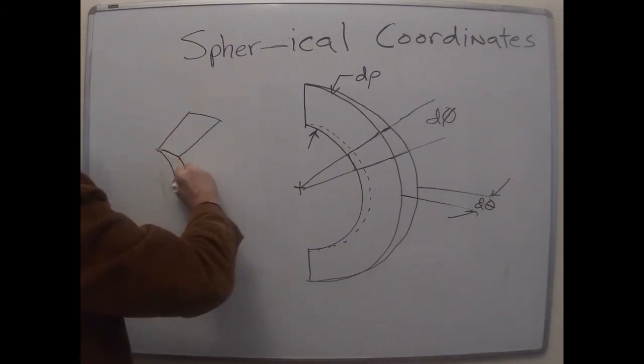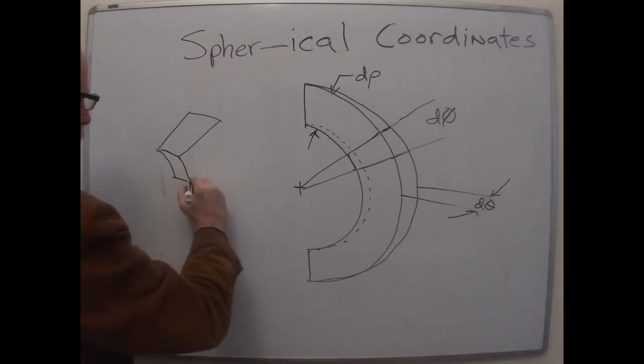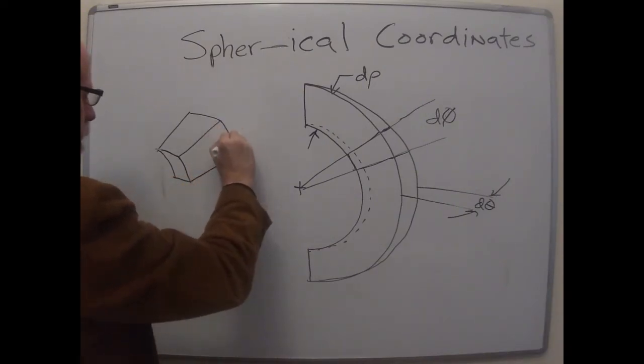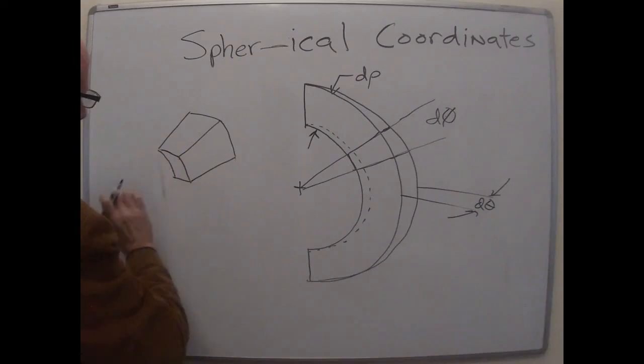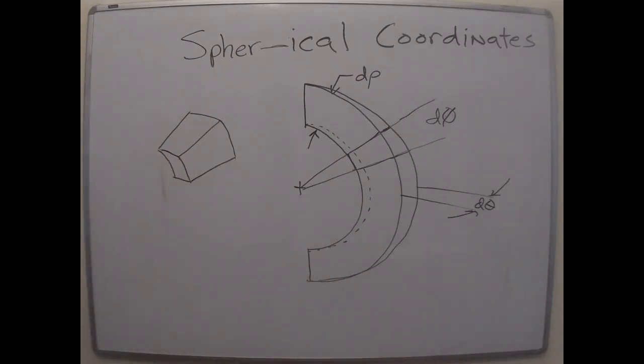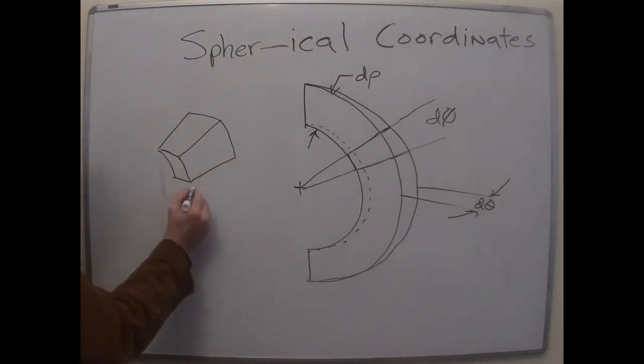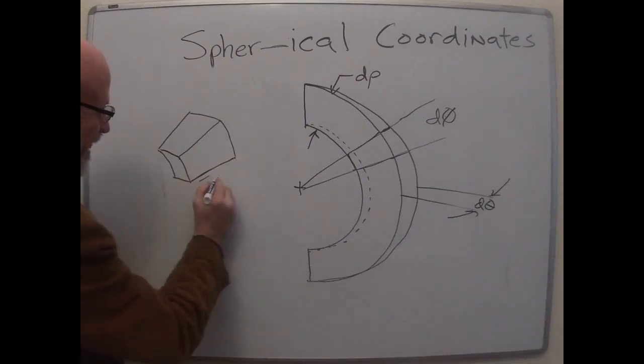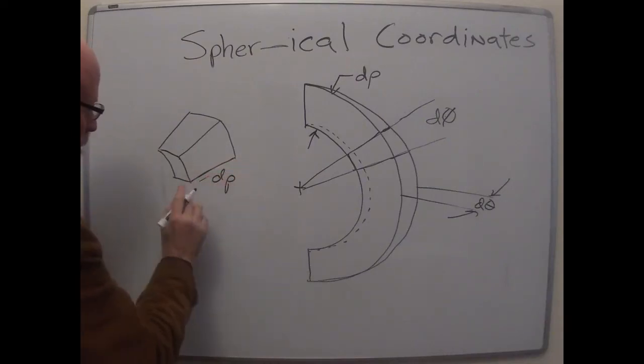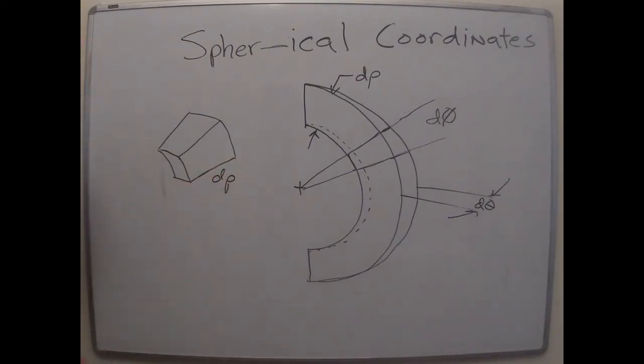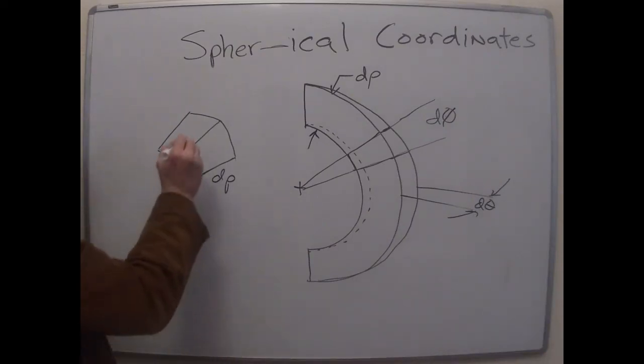In the radial direction. Anyway, this leg right here, that's d rho. This way, into the board, that corresponds to d theta, but it's not just d theta.